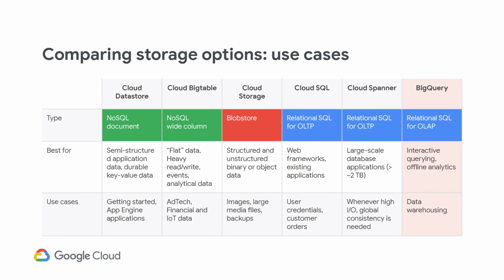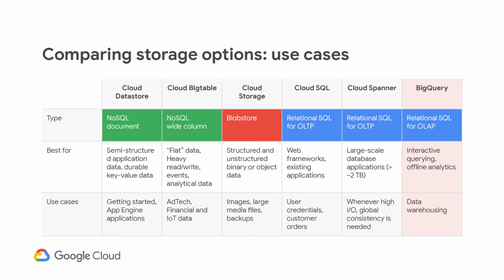Now, you can also see some use cases and best uses, so you can make your decision and comparison. Briefly speaking, we can say that Cloud Datastore is best for semi-structured application data, and Bigtable is best for analytical data with heavy read-write events, like maybe ad tech, financial, or IoT devices.